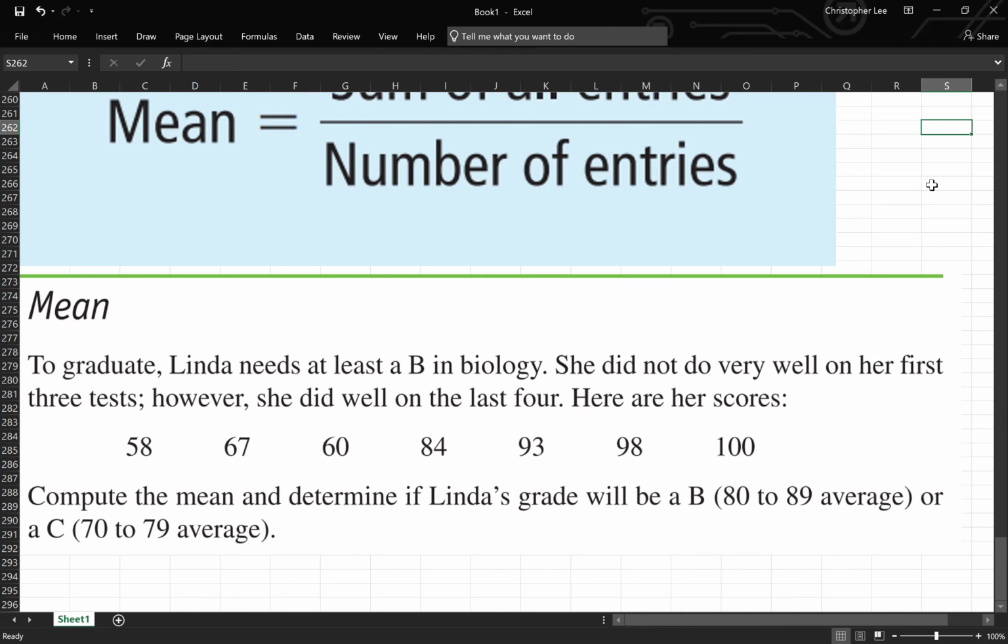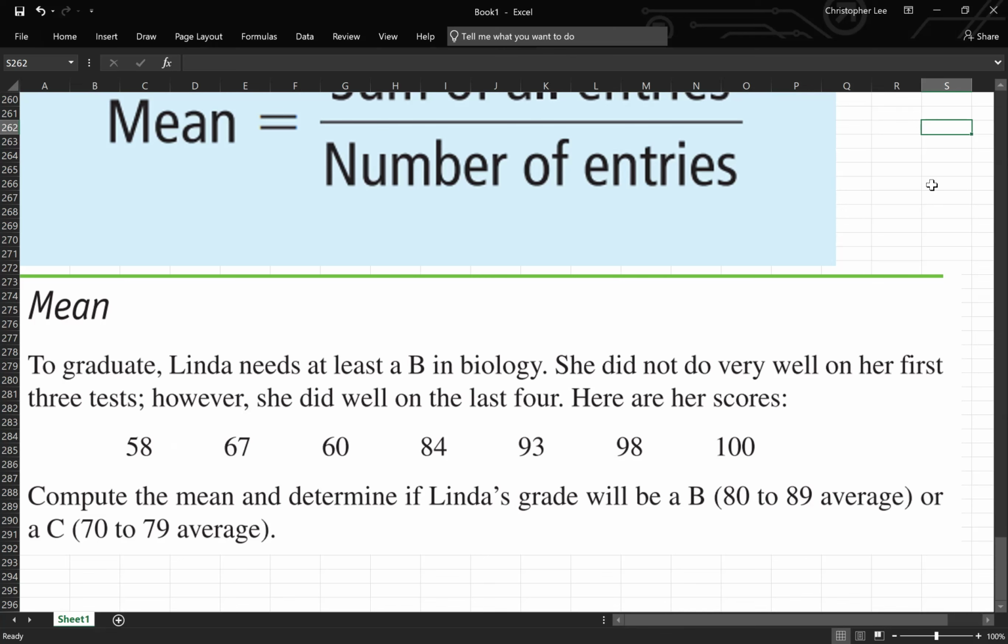Here are her test scores: 58, 67, 60, 84, 93, 98, 100. We're being asked to compute the mean and determine if Linda's grade will be a B. Remember, B is between an 80 and 89 average, or a C, which is between a 70 and a 79 average. So we want to compute the mean. We're going to add up all of the numbers and divide by how many numbers there are.